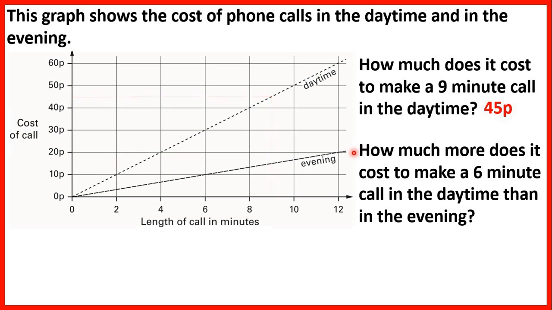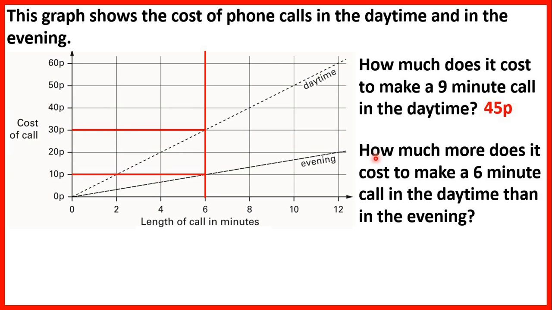Now, how much more does it cost to make a 6-minute call in the daytime than in the evening? So we can find 6 minutes and draw a line up. In the evening, we can see if we draw a line across, the cost is 10p, and in the daytime, if we draw a line across, the cost is 30p.